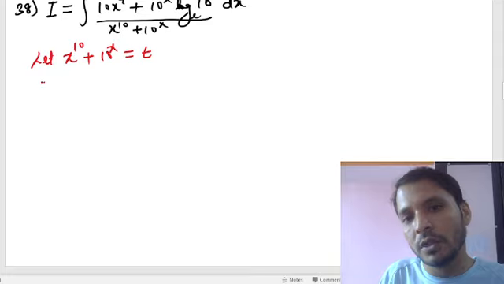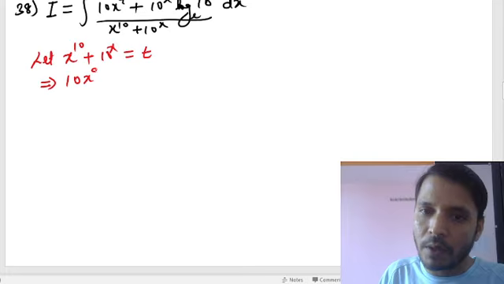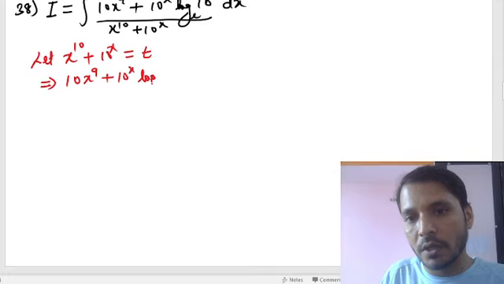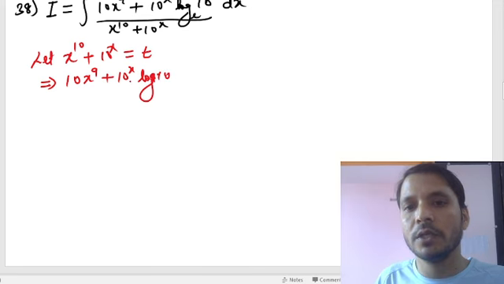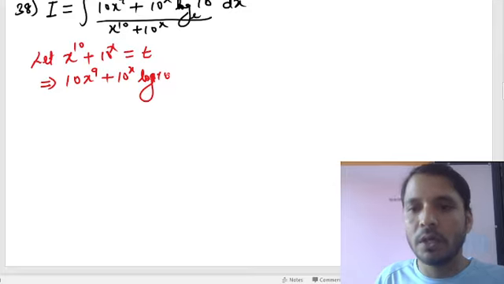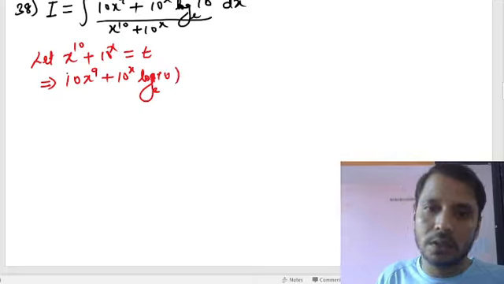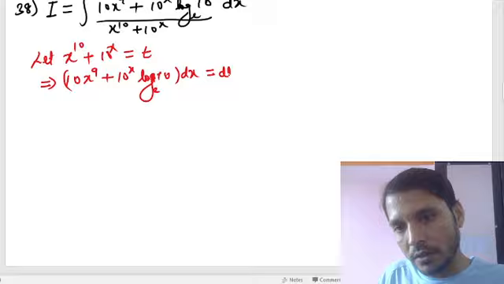Now differentiate both sides with respect to x, so it becomes 10x to the power 9 plus 10 to the power x into log 10. This is the differentiation of the a to the power x formula, which is a to the power x into log a, here with log base e. So this into dx is equal to dt.